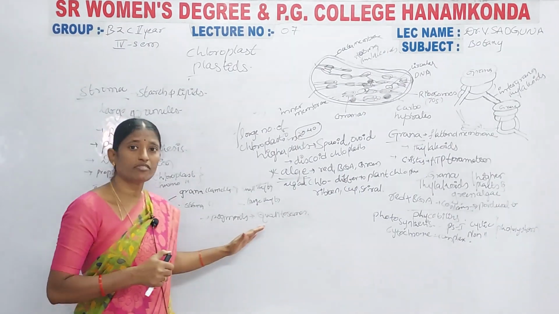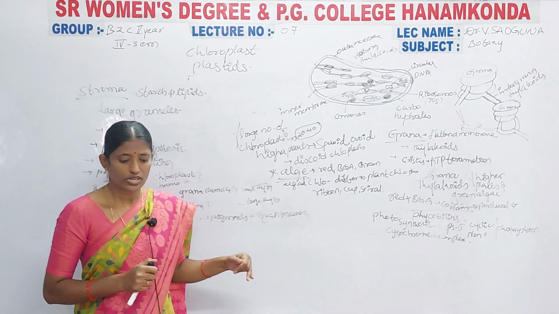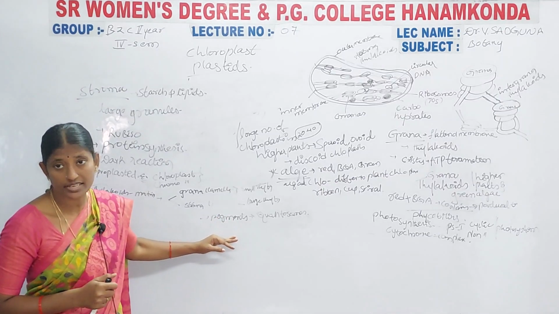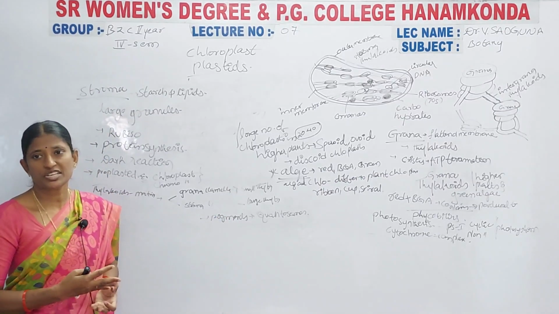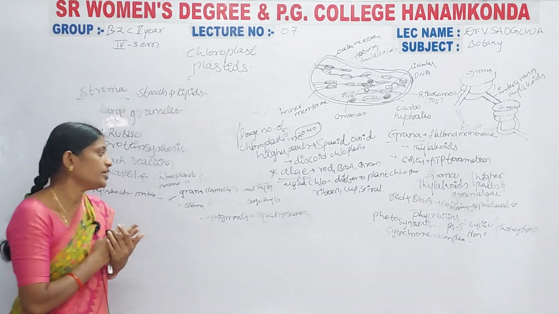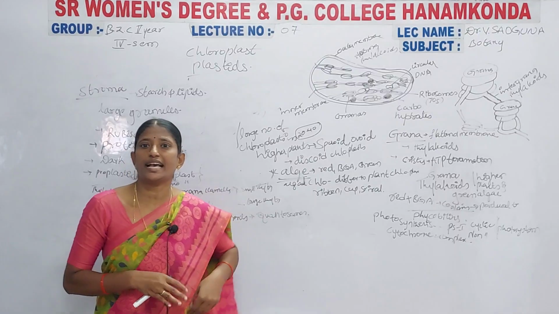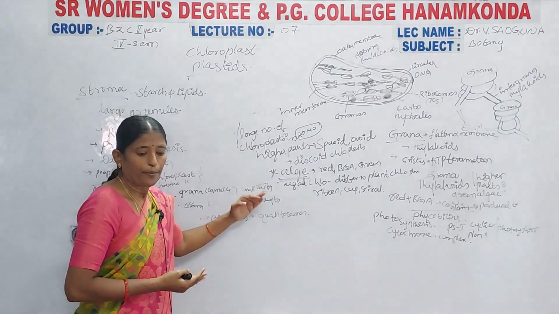This type of quantosome is present in the storage of different types of photosynthetic cycles. The quantosome is sometimes called antenna pigments, or accessory pigments.